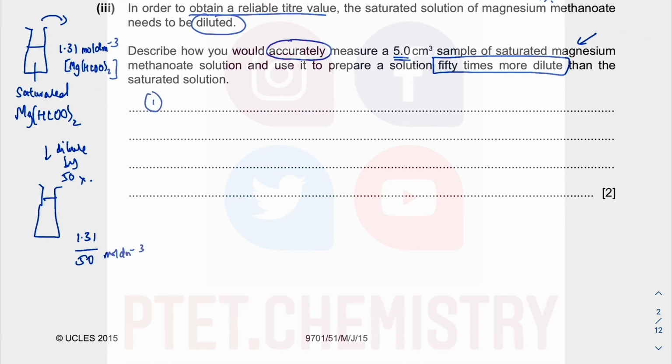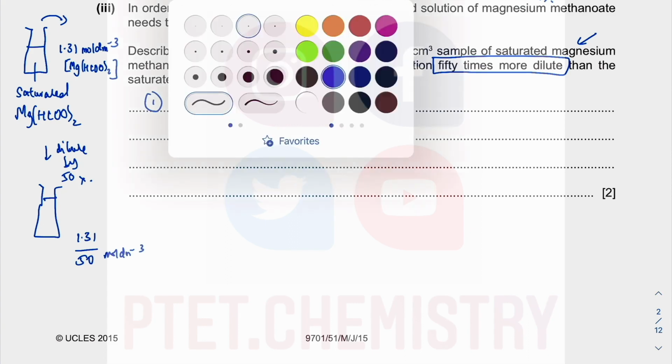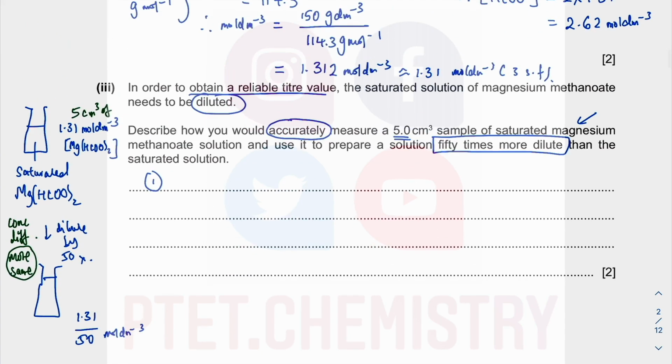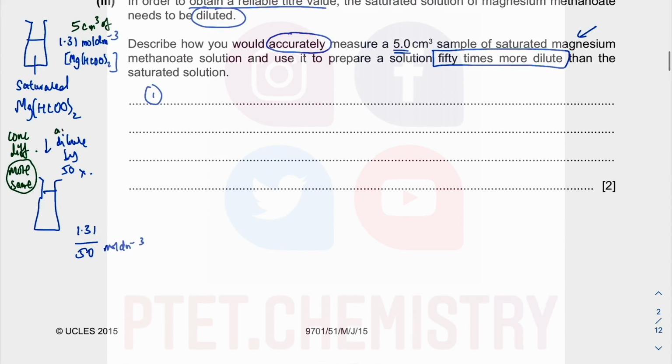If I start by doing my calculation, I can think about if I do dilution, I just add water, right? So my concentration is different, but my mole will be the same. When I say the mole is the same, I mean the mole when I take out the 5 cm³, not the whole batch. When I have 5 cm³ of that, I already take it out, I just add water.